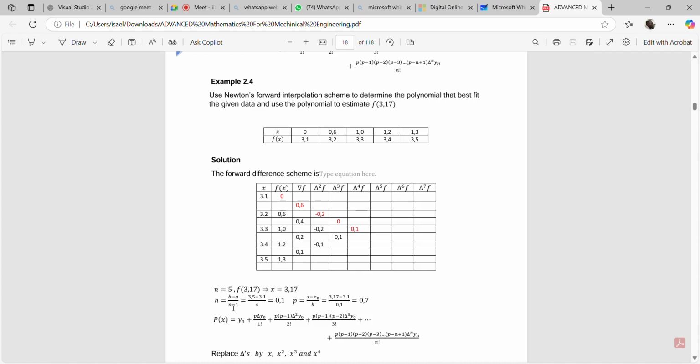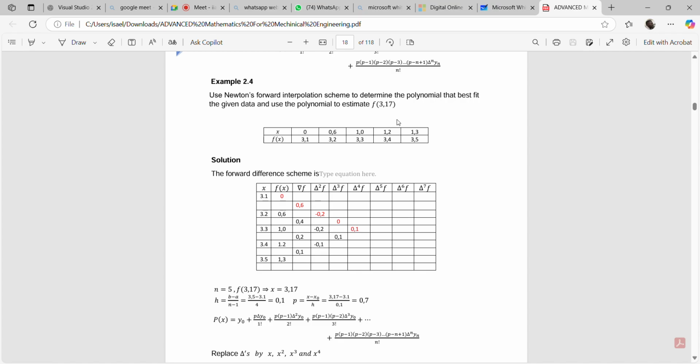Now, what is happening in your problem? Please be careful. This is only for forward interpolation. They said use Newton forward interpolation scheme to determine the polynomial that is best fit for the given data, to estimate f of x to be 3.17. I think I have just explained this in the previous chapter that we did. Remember, if you have f of something, it means the value inside here is the value of x.